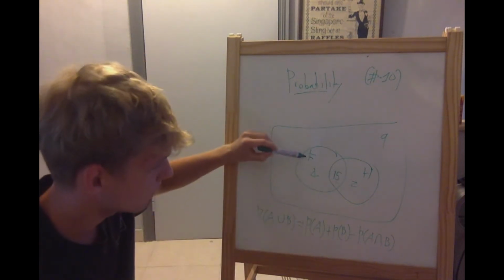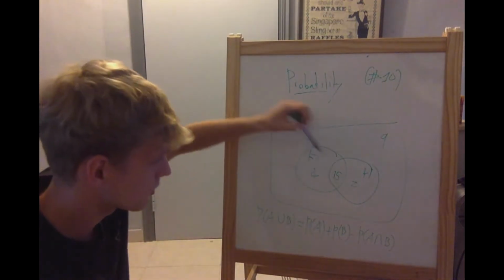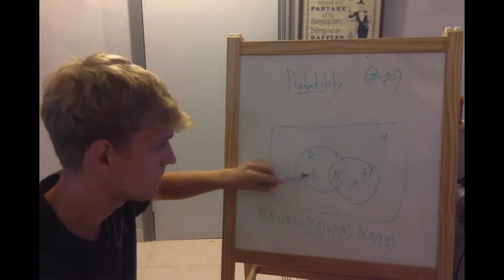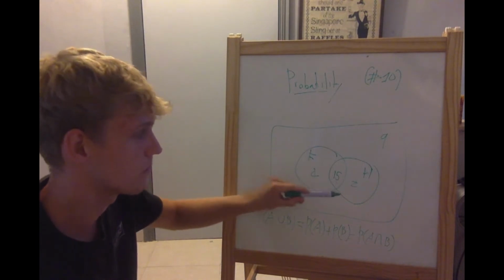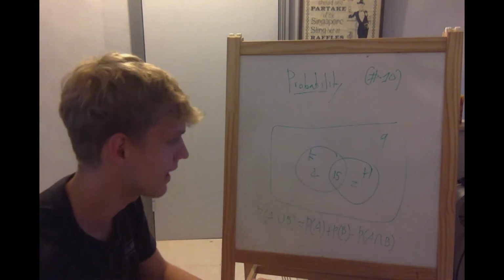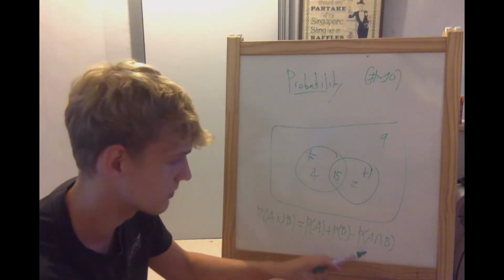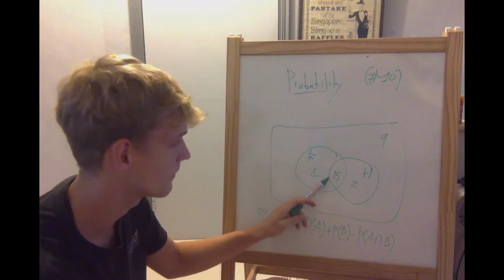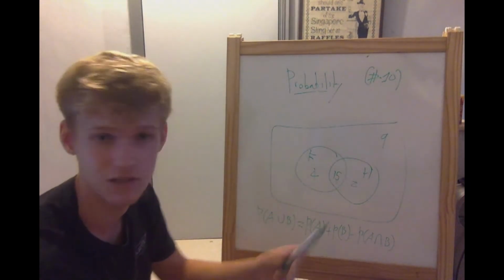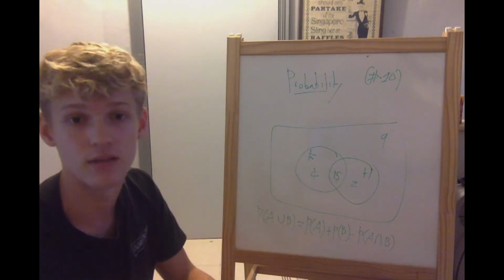So say football is A, hockey is B. The probability of someone liking football is equal to 15 plus 4, right? And the probability of someone liking hockey is equal to 15 plus 2. If we just added them together, we'd get this 15 twice. So that's where this comes in. We subtract this 15 once, and what we get is 21. So 21 over 30 would be the final answer.